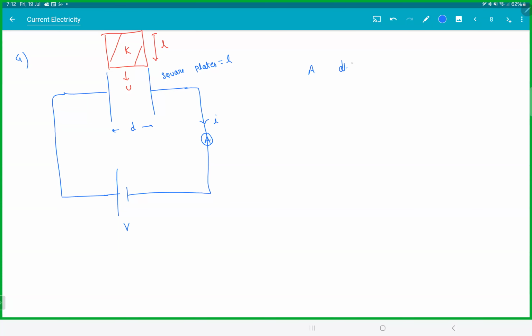Find the current in the ammeter. Plot the current versus time graph. That's better.